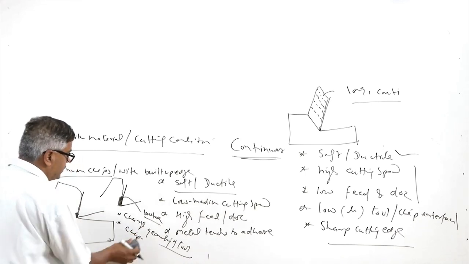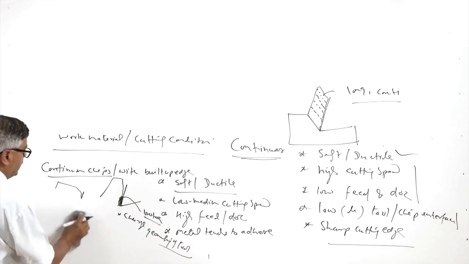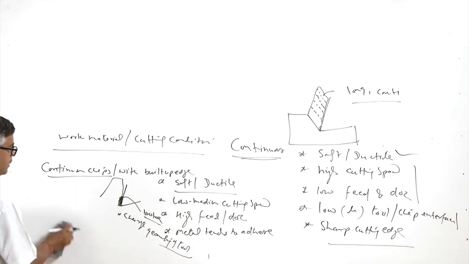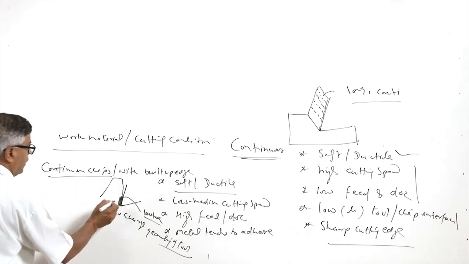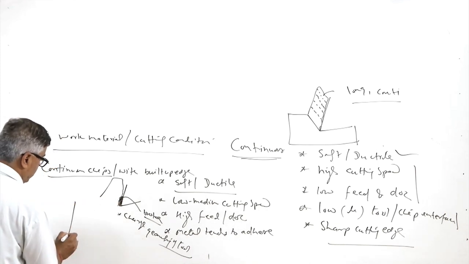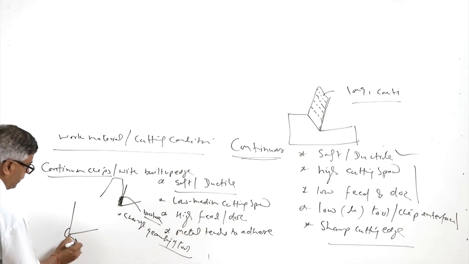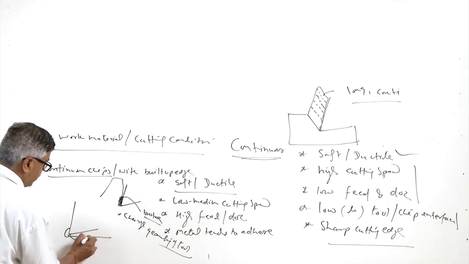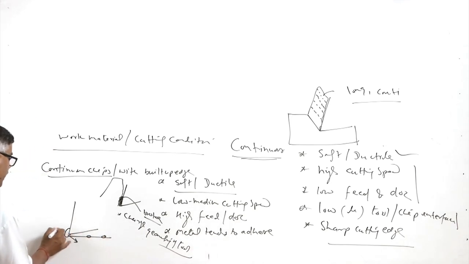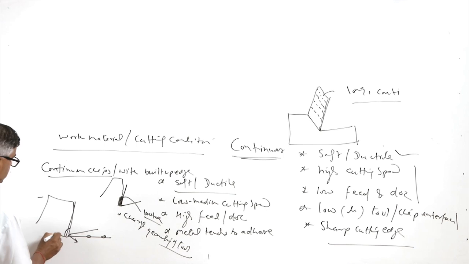The built up edge, once broken from the cutting edge, is transferred to two things. One is the part of the built up edge which is formed at the cutting edge, like this, part of it will be going to the surface of the workpiece. And a part of it will be going with the chip which is flowing over the face of the tool.